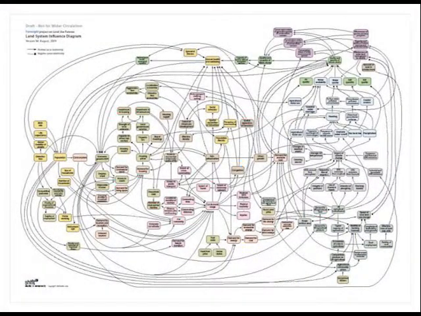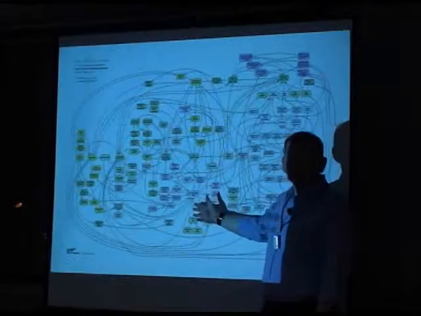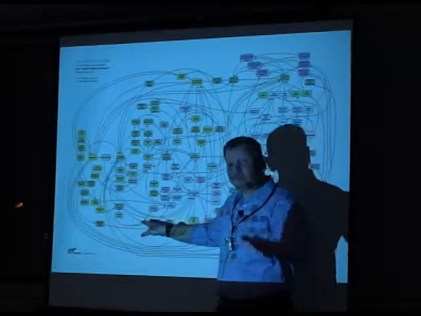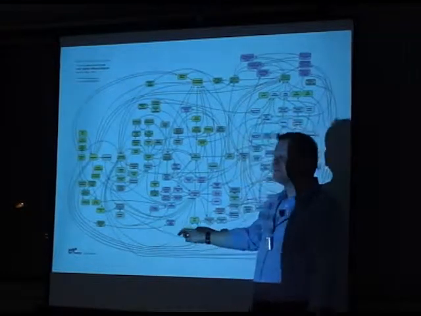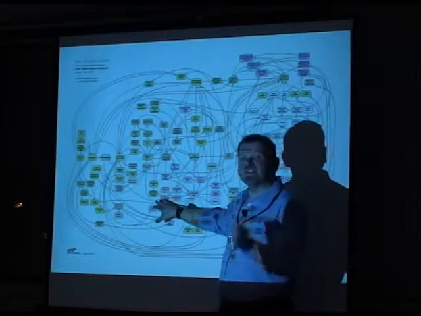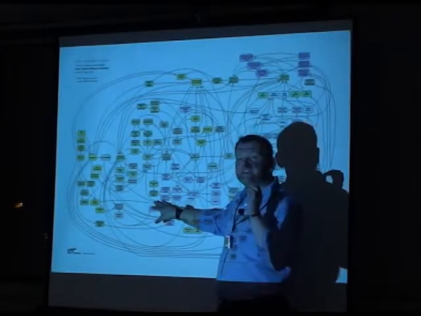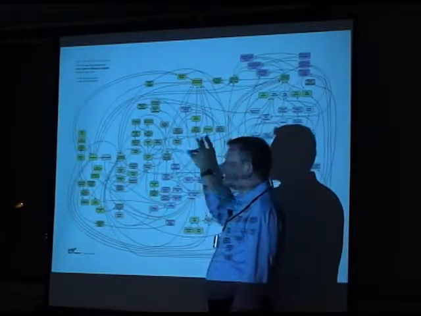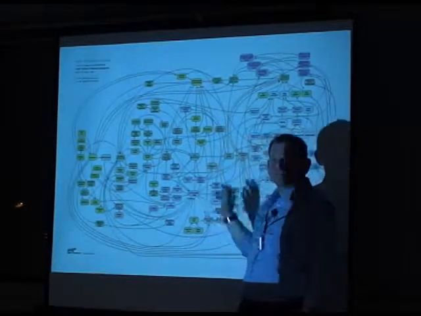Now, this diagram, I don't expect you to see this, but I put it up because this is the complexity of what we're having to deal with in talking about the cities of the future. So these boxes, and you can see them in more detail because I've got CD-ROMs of them, which I'll leave with you, represent interventions. So if the government intervenes on tax, property tax, for example, then it causes this chain reaction in the rest of the system.